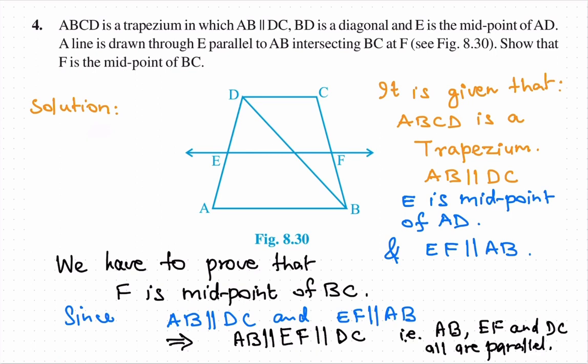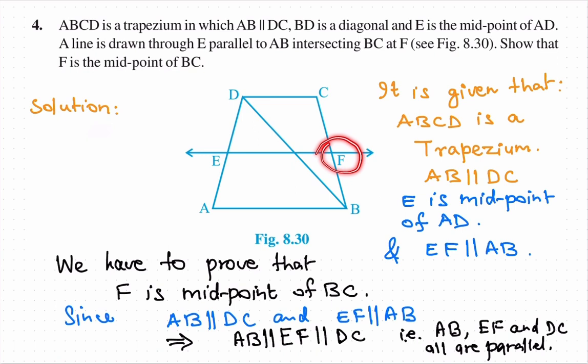ABCD is a trapezium in which AB is parallel to DC, BD is a diagonal, and E is the midpoint of AD. A line is drawn through E parallel to AB intersecting BC at F. Now we have to show that F is the midpoint of BC.